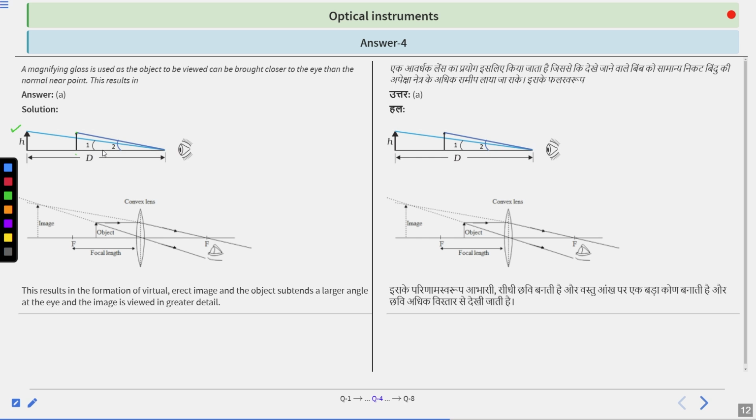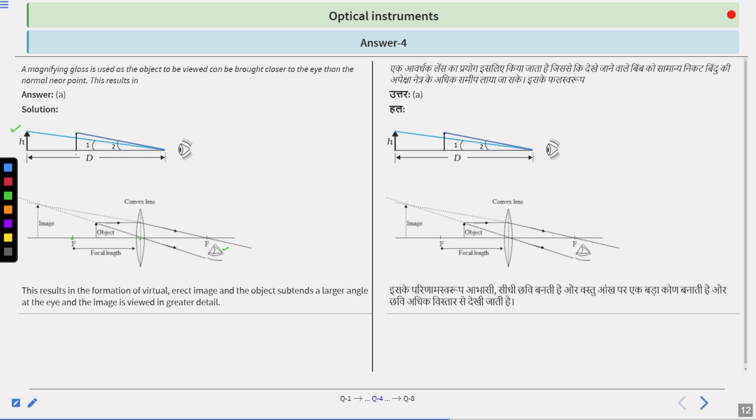So clear? And when you put between the object and eyes a convex lens, you will get a magnified image. So here, this is the focal point, and this is the optical center of the convex lens. Clear? And this is the object. And the distance between the optical center and the focal point we know as focal length.